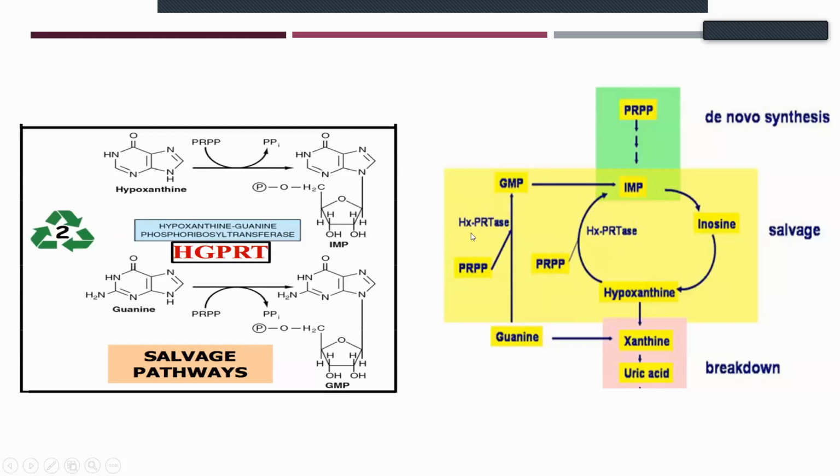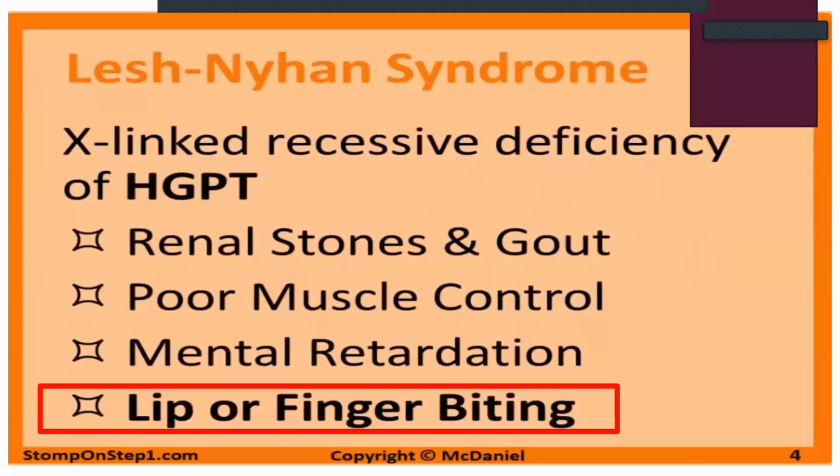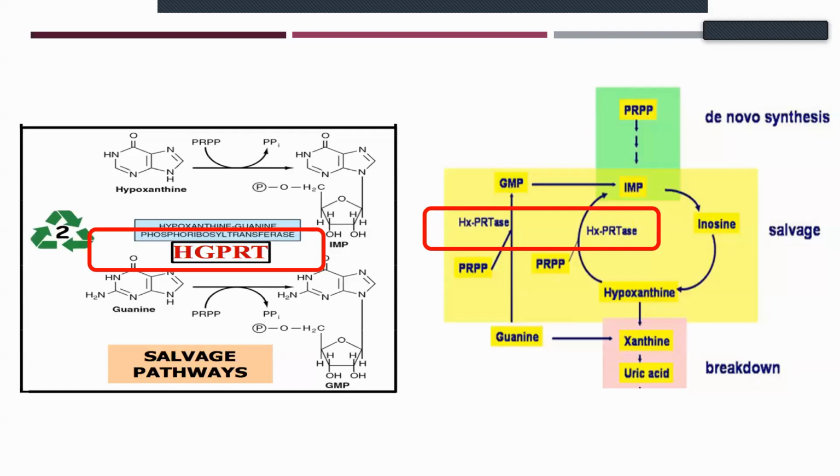Now what happens if this enzyme is deficient? Then the body starts accumulating a lot of hypoxanthine and guanine.